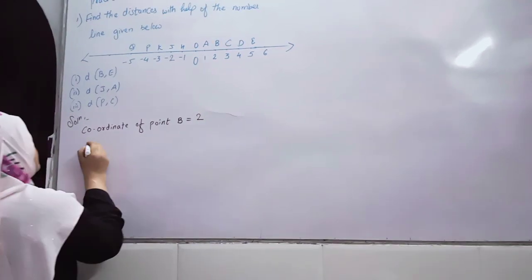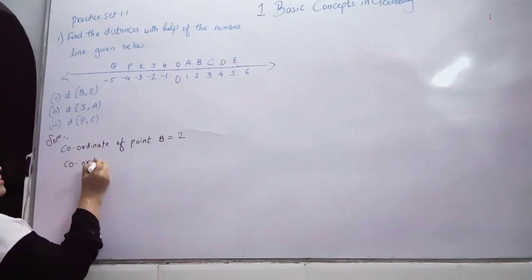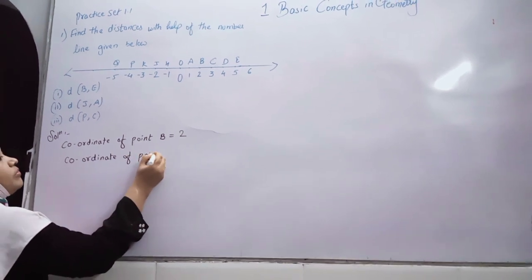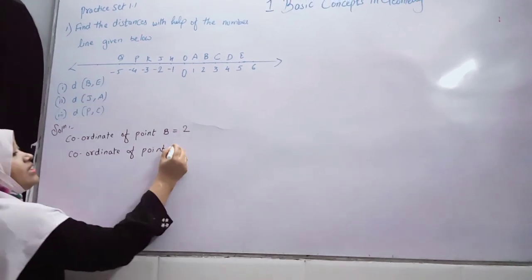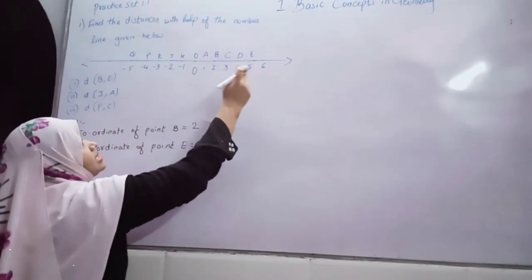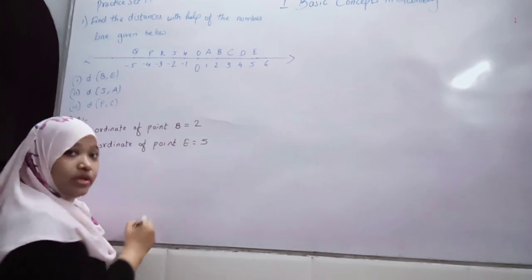Next, the coordinate of point E is 5. Okay students?